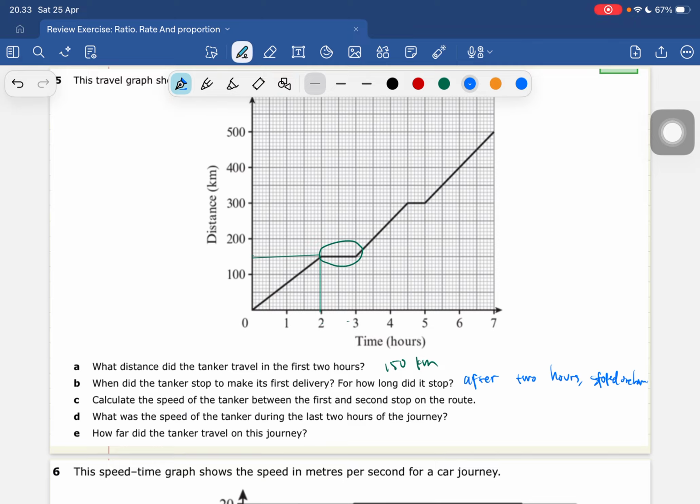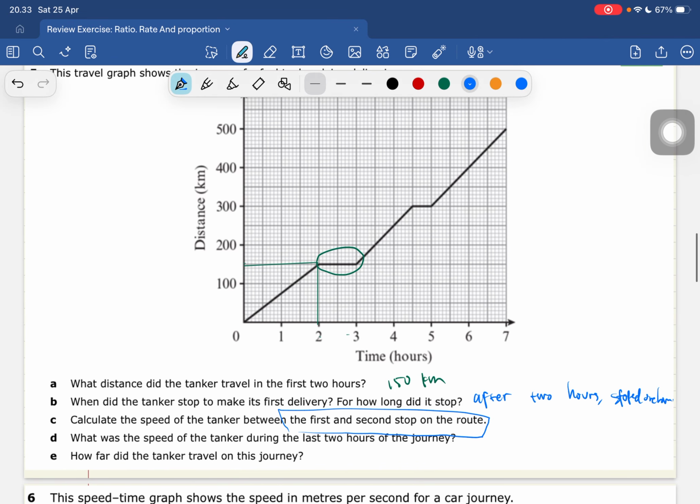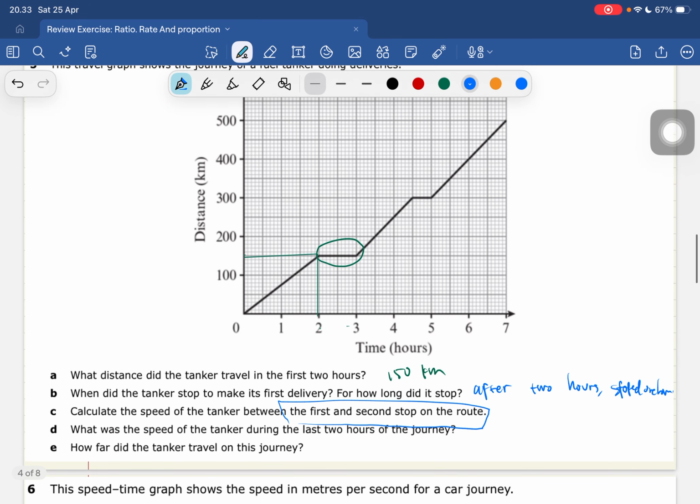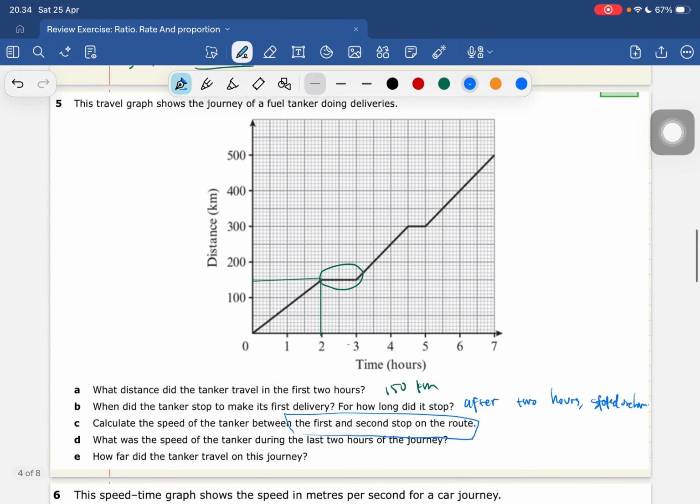Calculate the speed of the tanker between the first and then the second stop on the road. Okay, here it is, first and then the second.